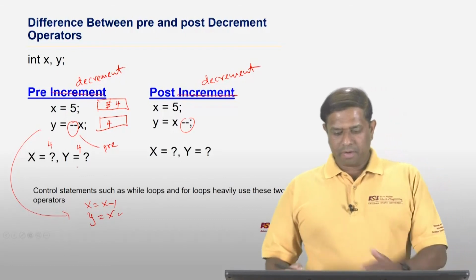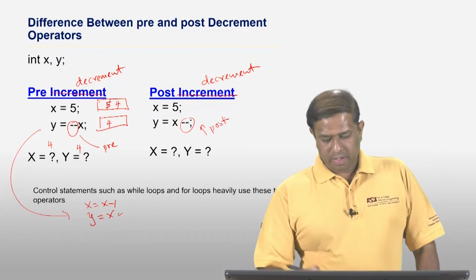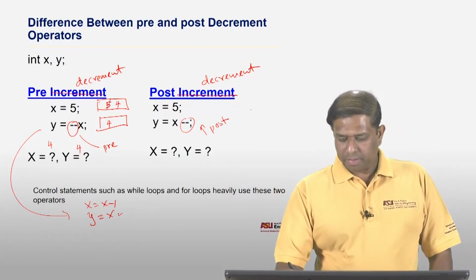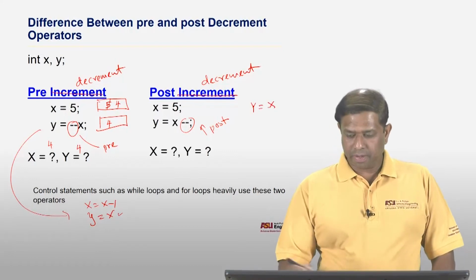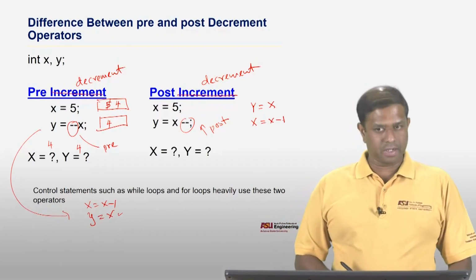Now if you go to the post decrement, it's the opposite of what happened here. That means we'll first assign the current value of x to y and then subtract 1 from x, right?